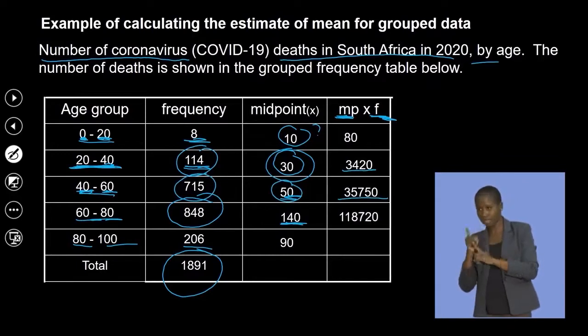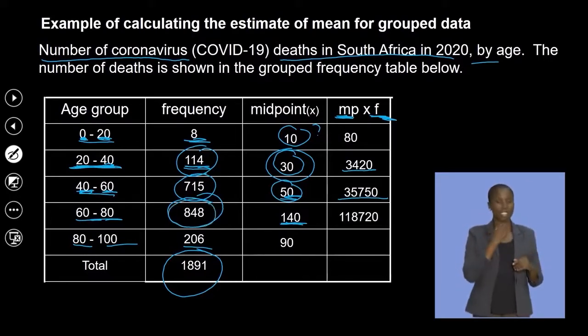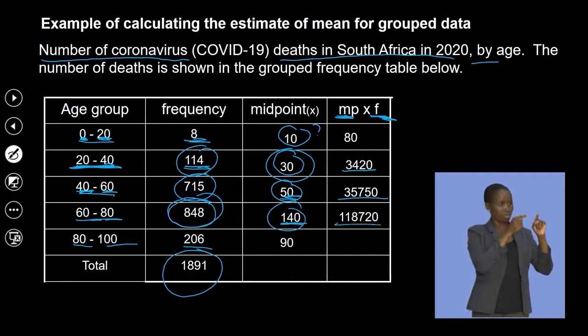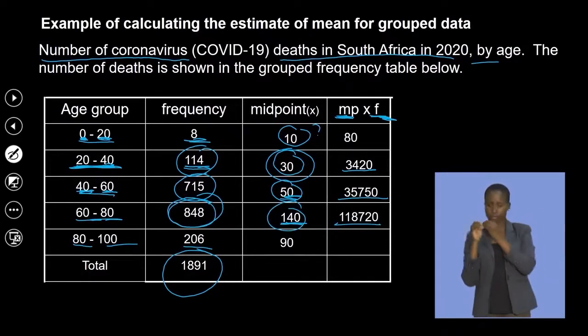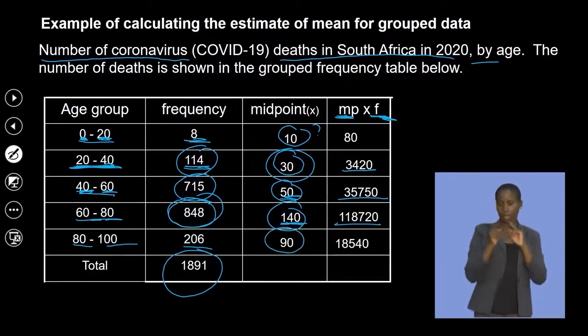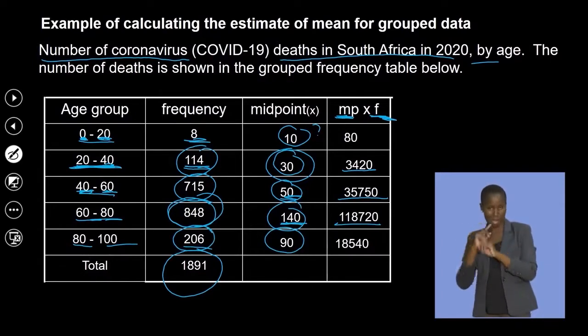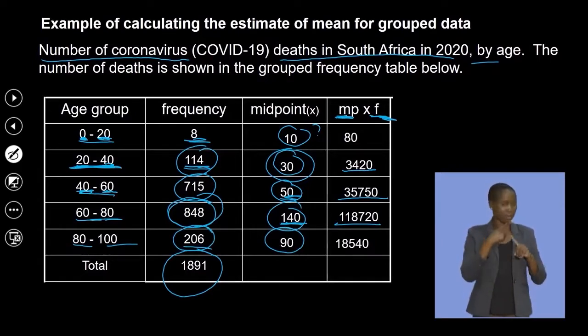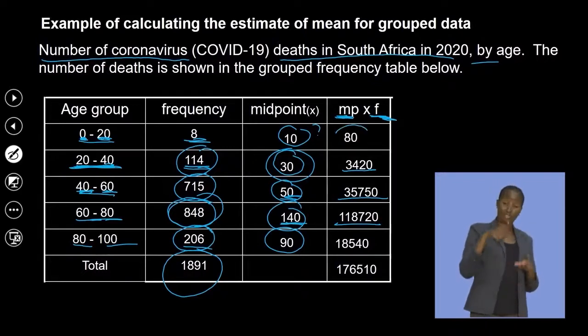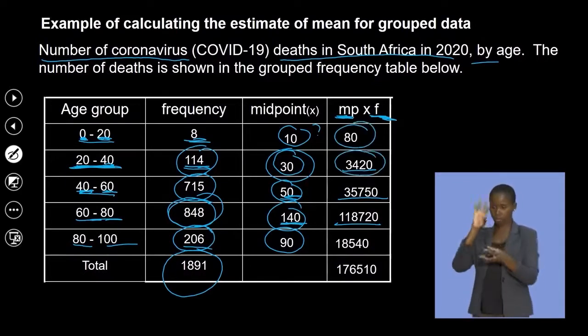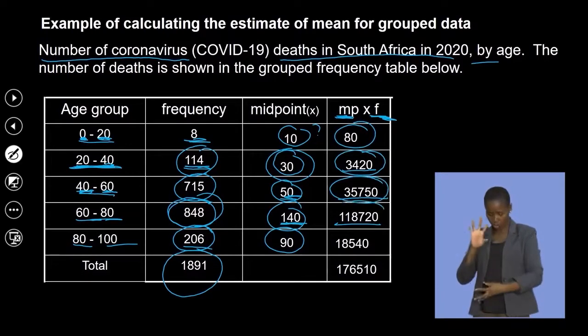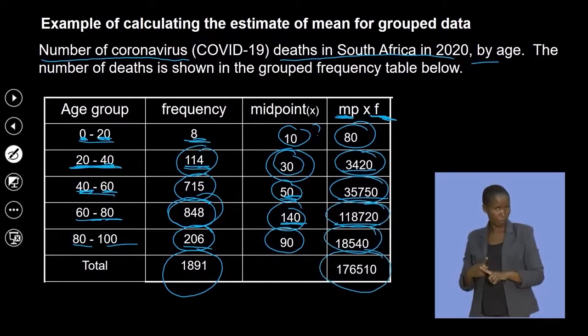And we're just multiplying them. 848 times 140, that's what we get. And we multiply 90 times 206. Then from there we add everything, and we get the total, which is that.